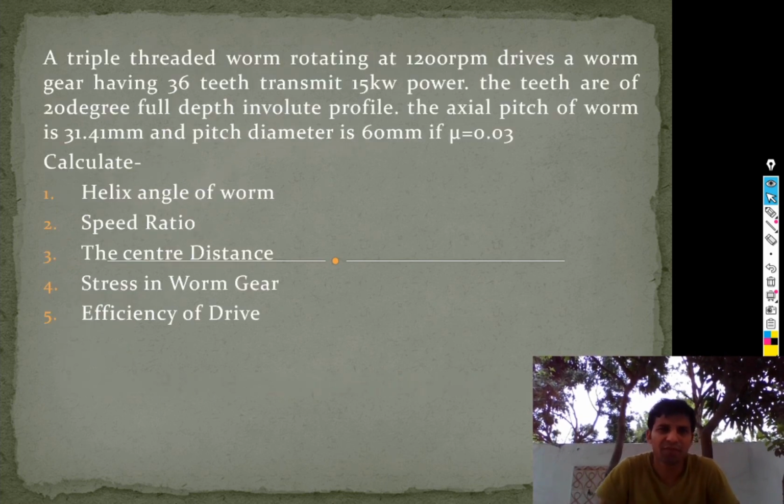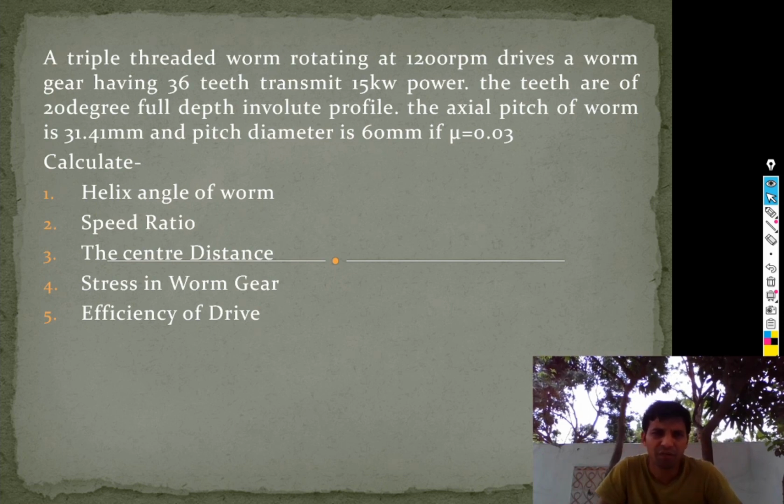The first numerical for designing of worm gear: a triple threaded worm, that means the worm has three threads, rotating at 1200 rpm, drives a worm gear having 36 teeth and transmits 15 kilowatt power.